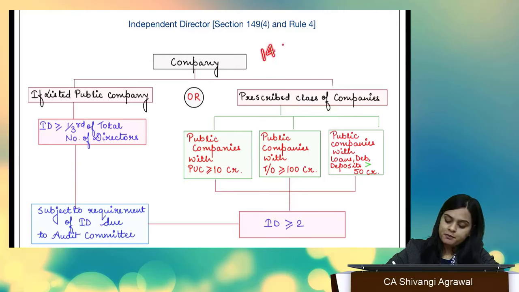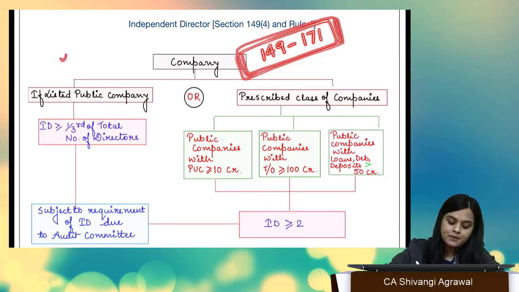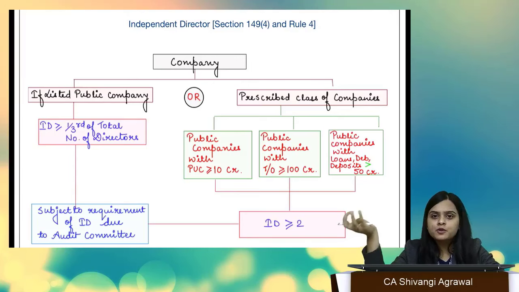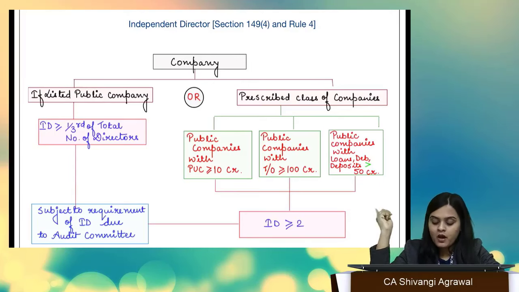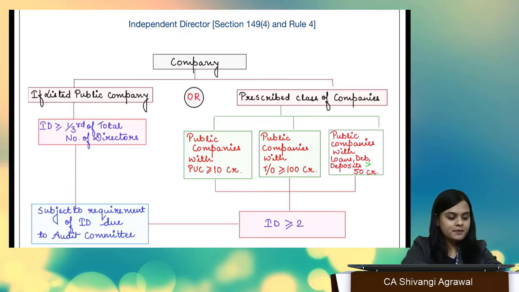If you contravene sections 149 to 171 and there is no specific punishment provided in that particular section, example, non-maintenance of register, non-appointment of woman director, where no specific punishment is given in that respective section, then you follow the punishment of the leftover section, that is section 172, which states a minimum penalty of 50,000, 500 per day of continuing default, and a maximum penalty of 3 lakh and 1 lakh. 3 lakh for company, 1 lakh for officer in default.